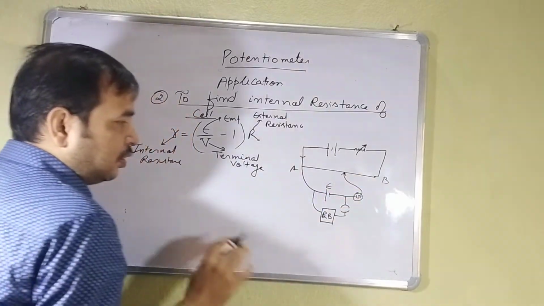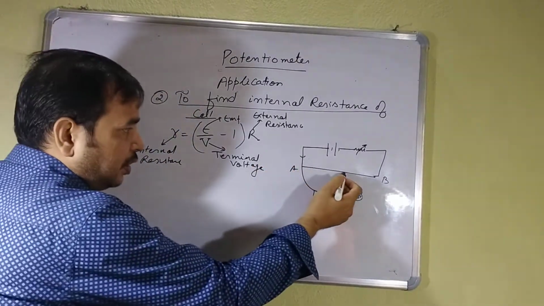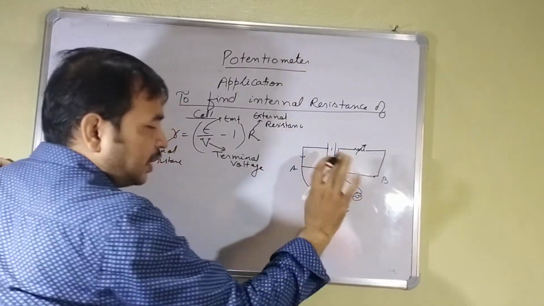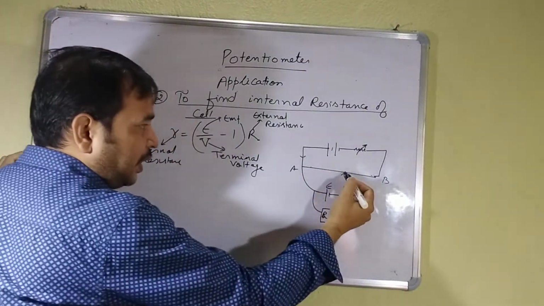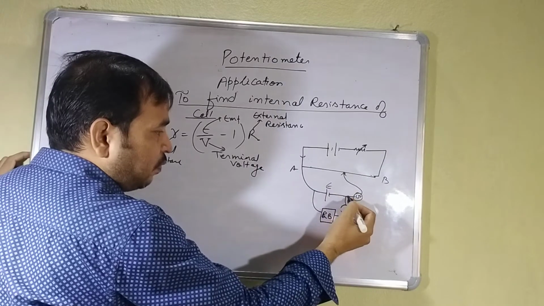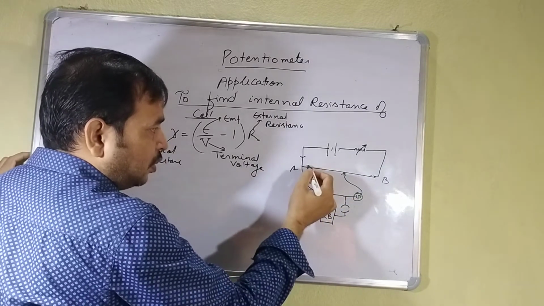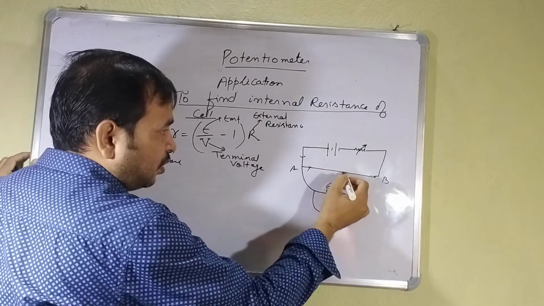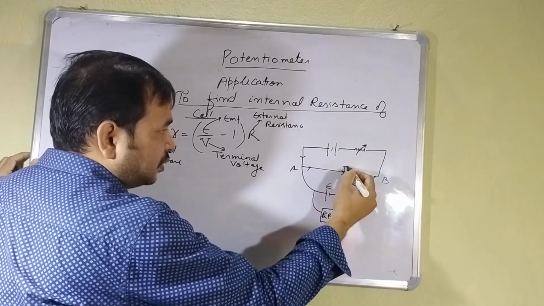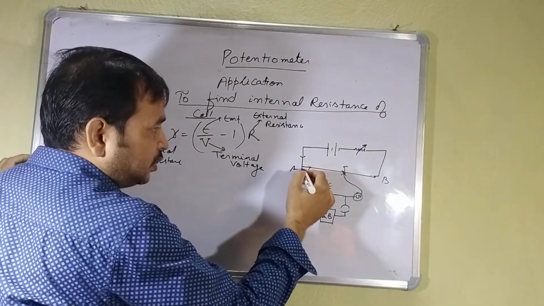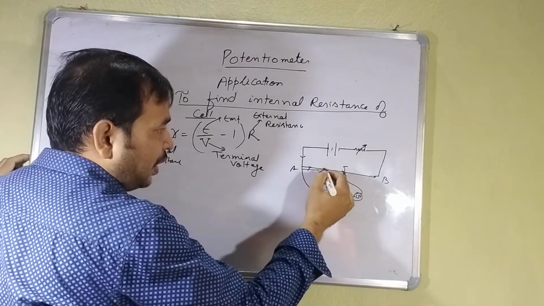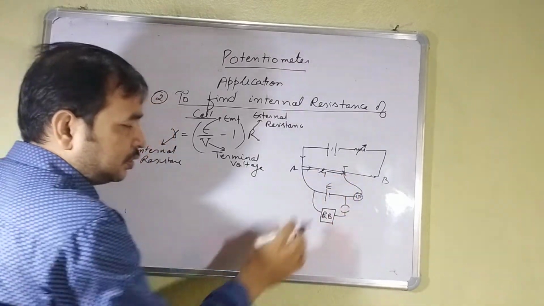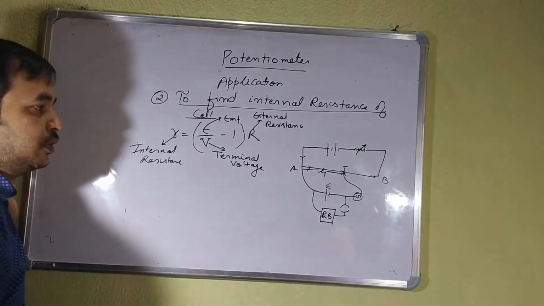We are talking only about the balance point, not the case when the jockey touches at the left side. At the balance point, no current flows through the galvanometer, only through the potentiometer wire, suppose AJ, and this length is L1. In this derivation I am taking L1 and L2.